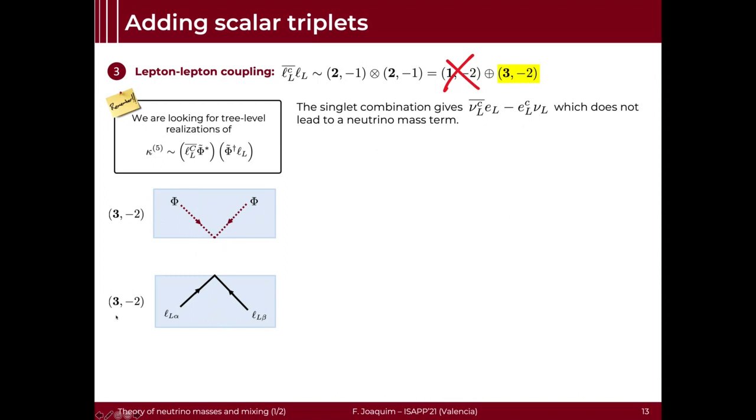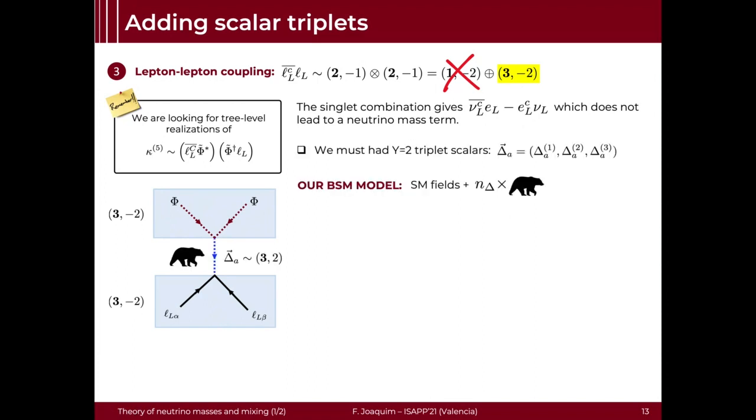So here I have 3 minus 2, here again 3 minus 2, and you can easily convince yourself that the only way to connect these two sides of the diagram is to add triplets of SU(2) with hypercharge 2. Okay, so our model is now the standard model plus n_delta copies of these SU(2) triplets.